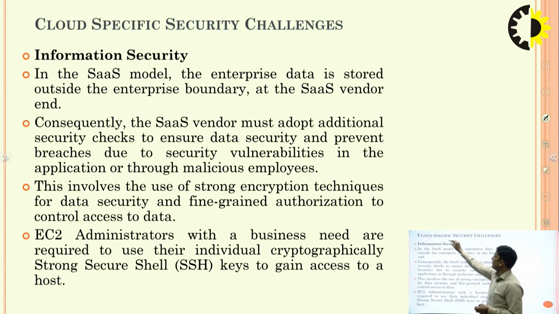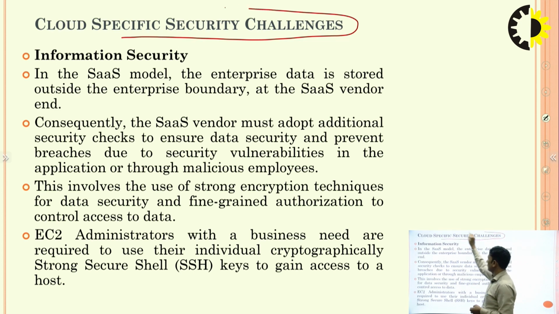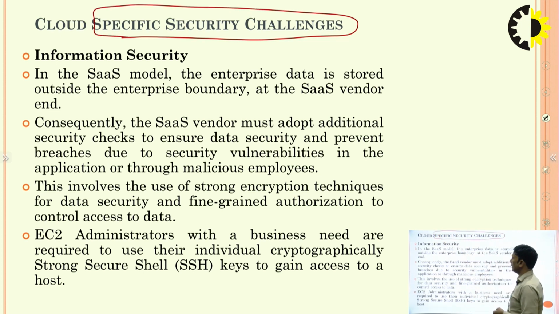Now we come to the specific security challenges. Okay, cloud specific, that is the information security. So in the SaaS model, the enterprise data is stored outside the enterprise boundary at the SaaS vendor end. You know that in the case of the public cloud, the data is stored at the vendor side.